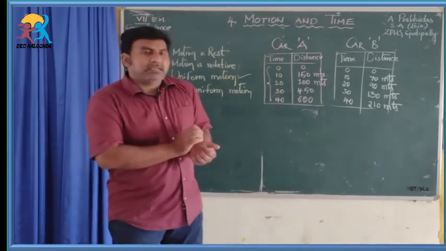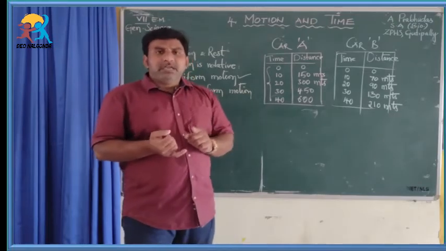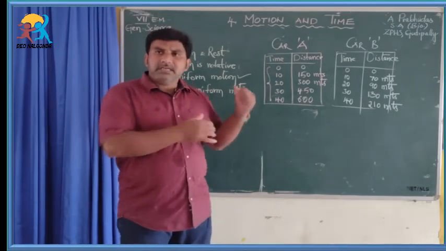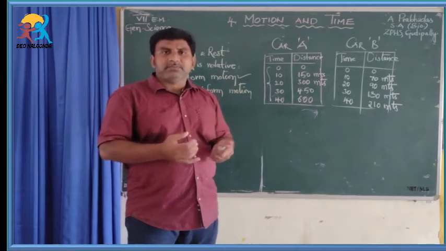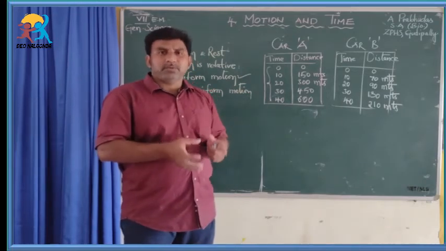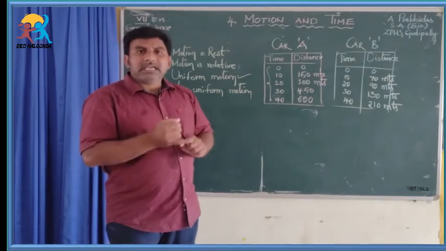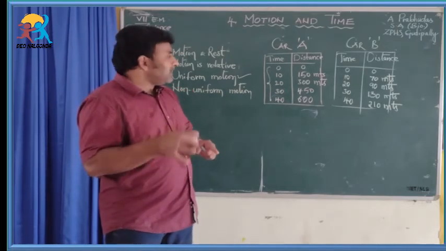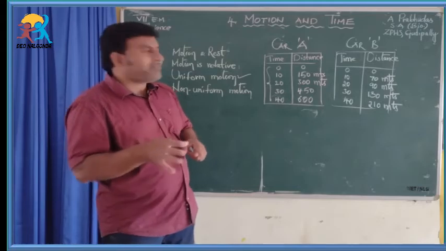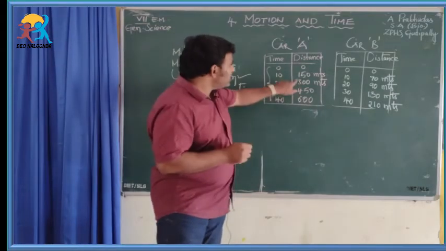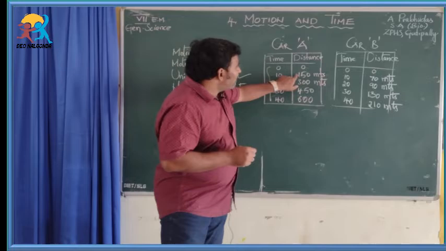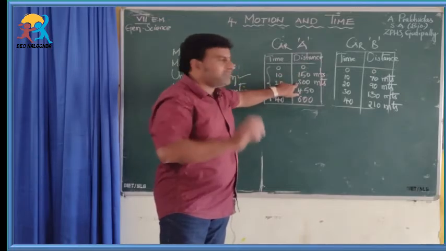So again I can define that a body is said to be, here we are taking car as an example, a car is said to be in uniform motion if it covers equal distances in equal intervals of time. So if you subtract 150 from 300 you get 150.